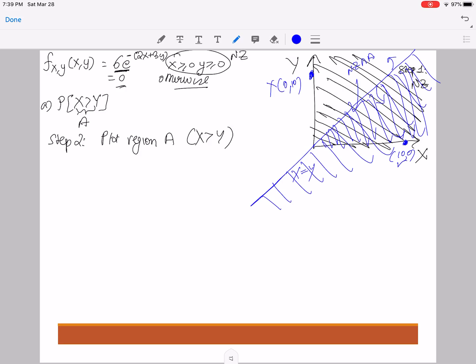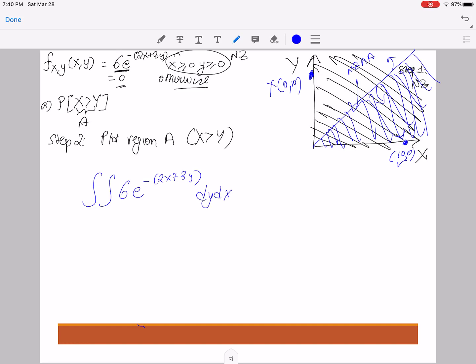So I'll show you how to do step 3 next. Before I do that, I'll just eliminate a little bit of these extra drawings so that everything looks neat. Okay. In step 3, I need to double integrate the joint PDF over this intersection region, NZ intersection A.